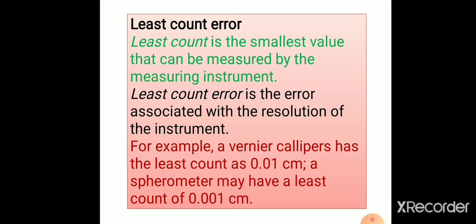And least count error is the error associated with the resolution of the instrument. For example, a vernier caliper has a least count of 0.01 centimeter, whereas a spherometer will have a least count of 0.001 centimeter.